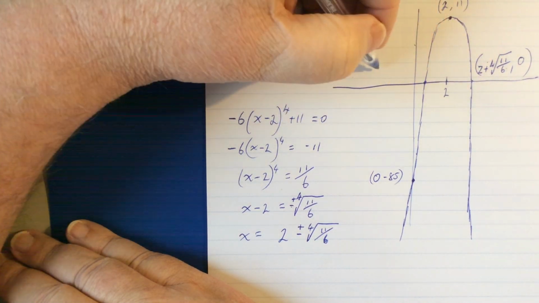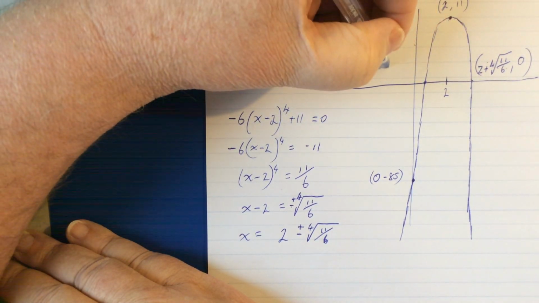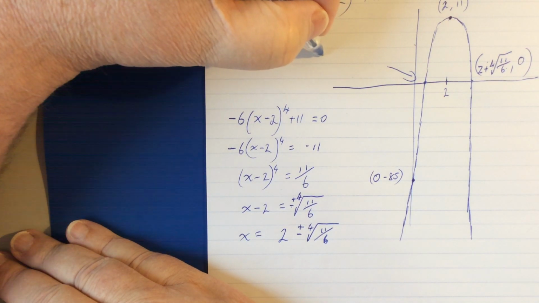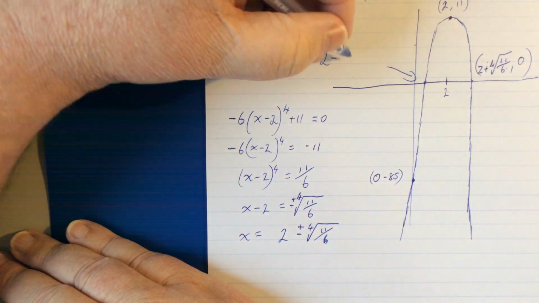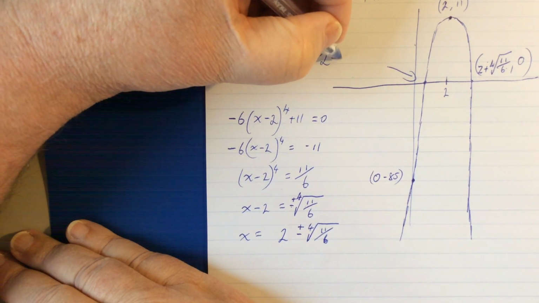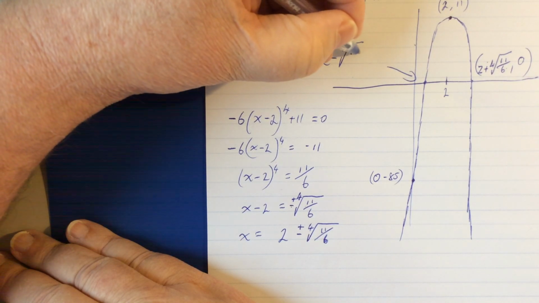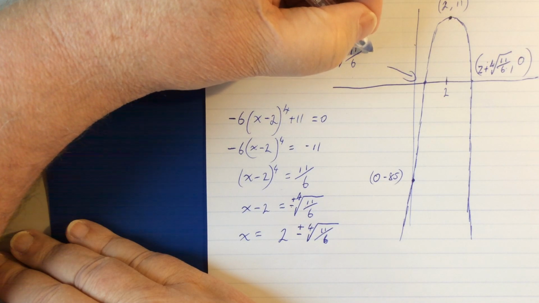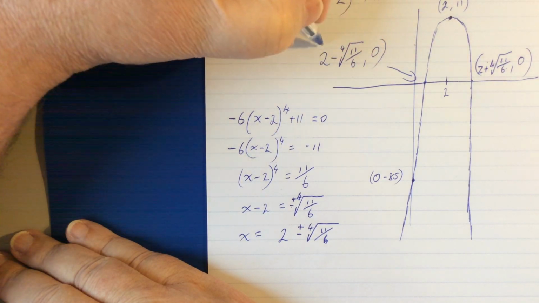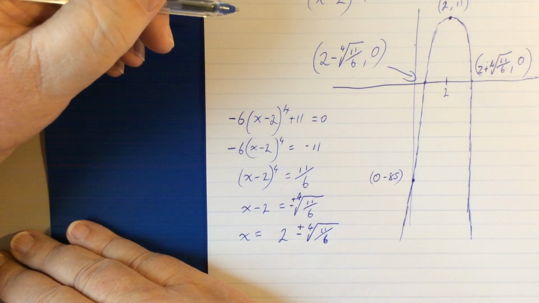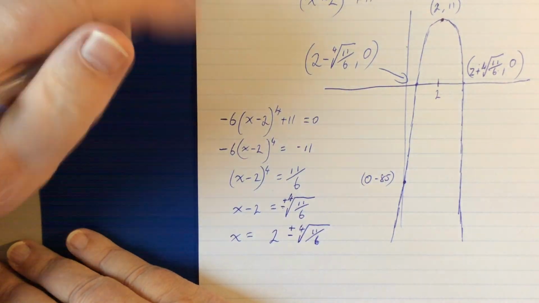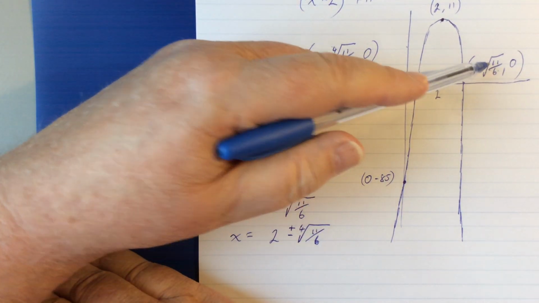And this point here is, I'll put an arrow in here and write this up here, 2 minus the 4th root of 11 over 6, 0. Those are our points, and this is how we got these.